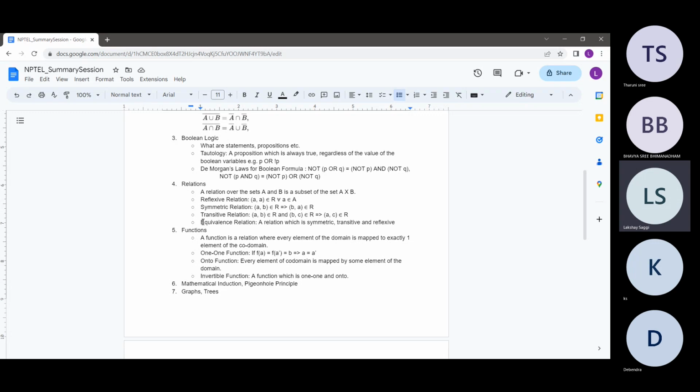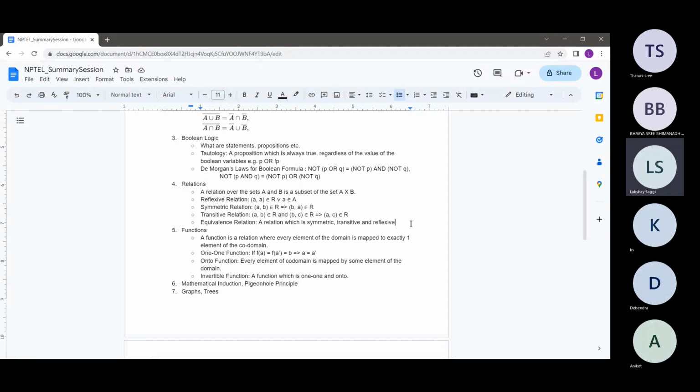So what is an equivalence relation? A relation which is symmetric, transitive, as well as reflexive. If a relation has all of these properties, then we call it an equivalence relation. There are some nice properties of equivalence relations, which we covered in the problem solving session also, that it can be partitioned into equivalence classes and so on.